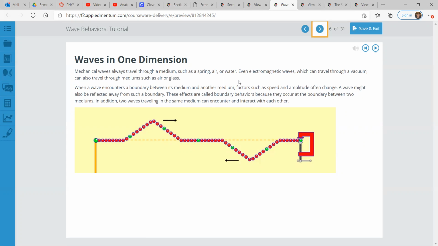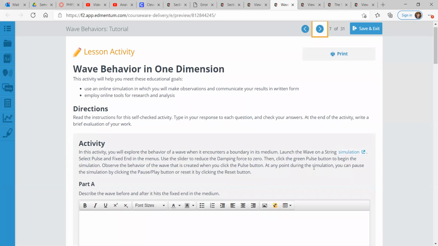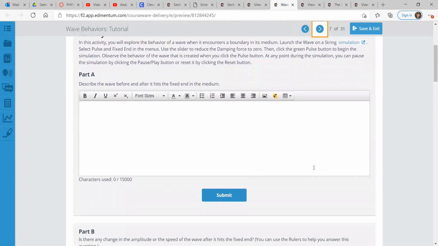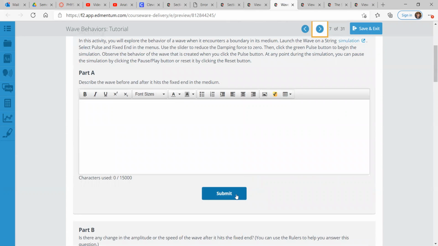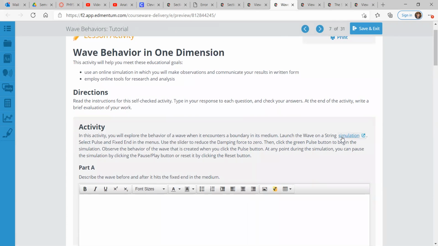In addition, two waves traveling in the same medium can encounter and interact with each other. So we have a lesson activity. Back to that simulation, launching the wave on a string. I'll click the simulation.